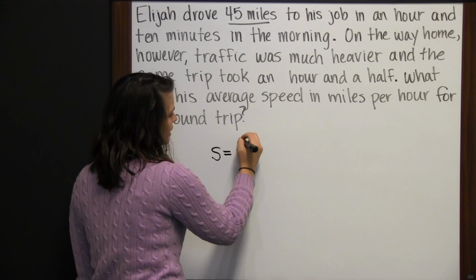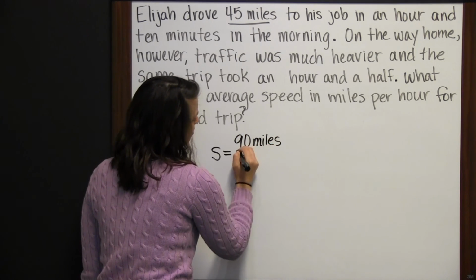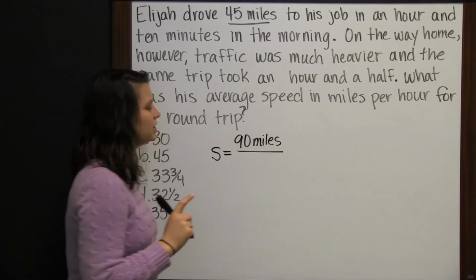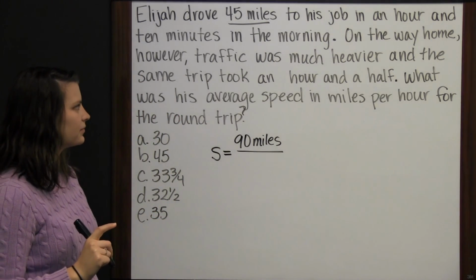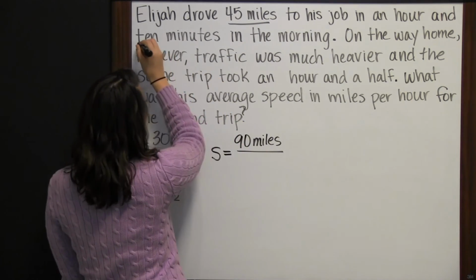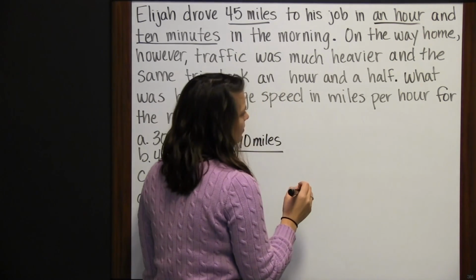Speed is calculated by dividing your distance by your time. So we've got his total distance. Now we need to find his total time. It says it took him an hour and 10 minutes to get to his job.